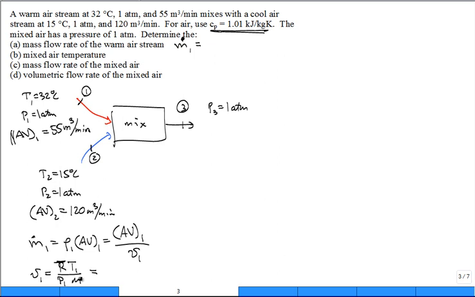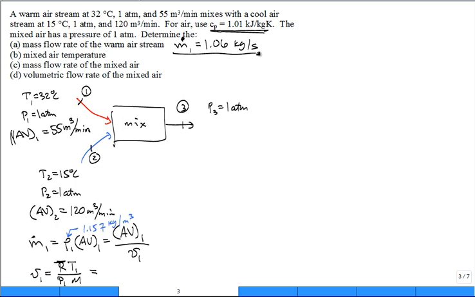After you've done that a few times, it gets a little tedious. Actually, I didn't calculate that. I calculated rho, the reciprocal of that, and rho is 1.157 kilograms per cubic meter. All right, so I was able to calculate the mass flow rate to be 1.06 kilograms per second.